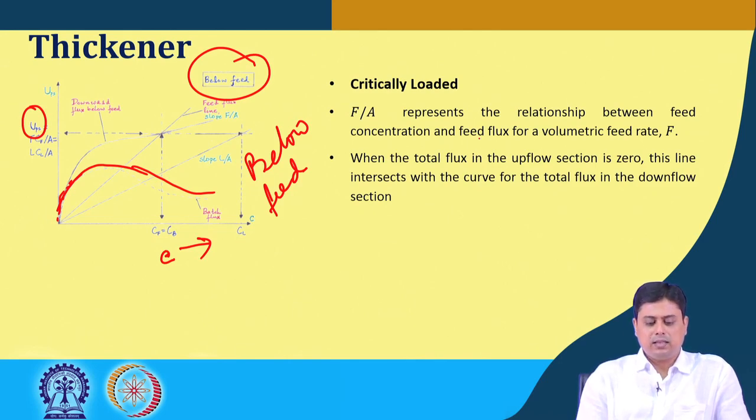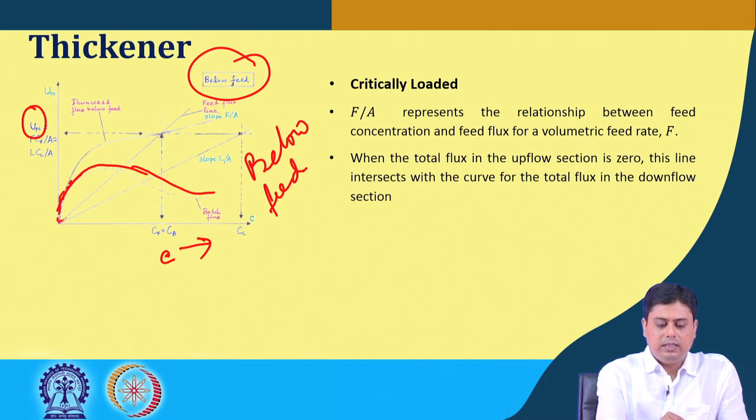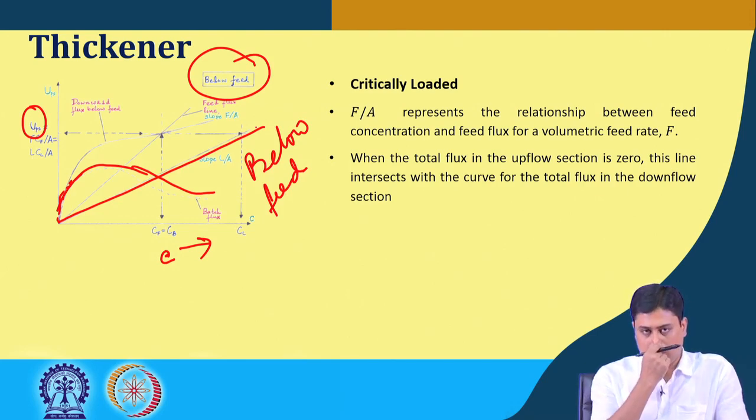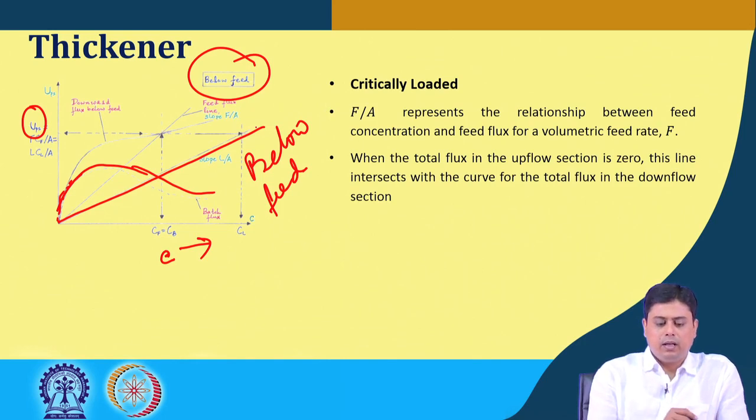So, in this case, this line has a slope of L by A, the underflow, and this is the F by A slope, starting from this zero point.